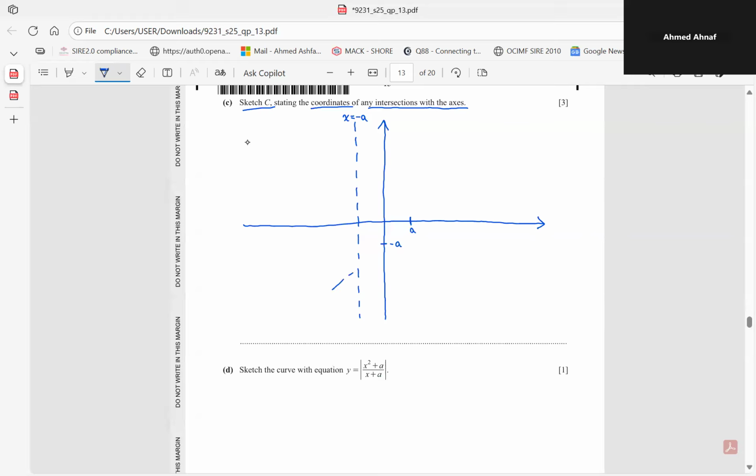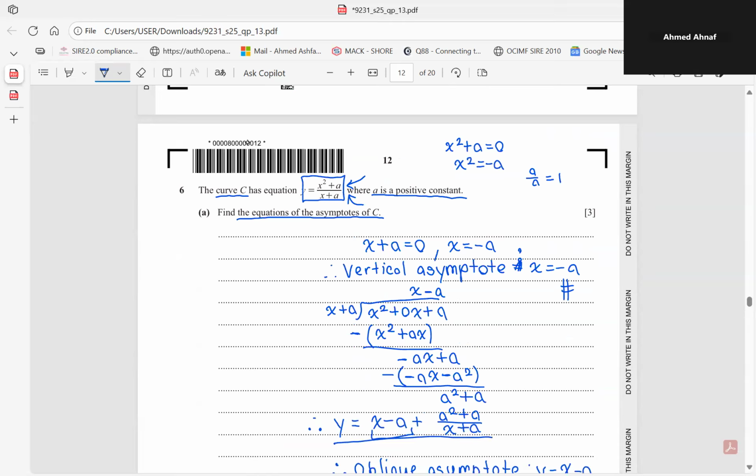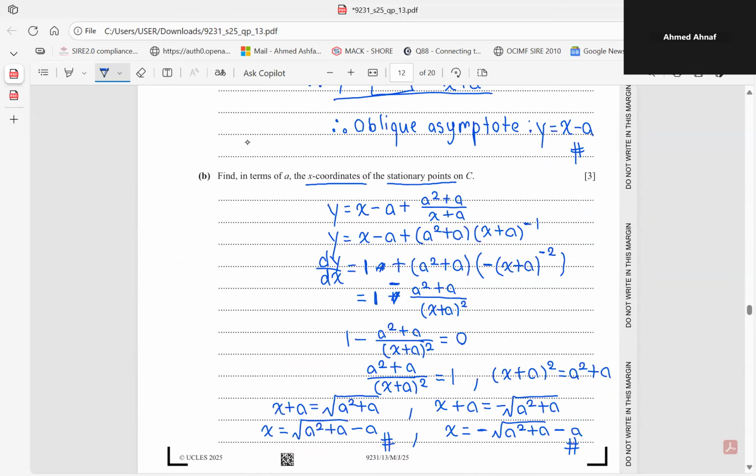You can write (0, 1). And then for x-intercepts, just equate y to 0. So you'll get (x + a)² + a equals 0, and you'll get (x + a)² equals minus a, which is impossible because minus a is negative, but a square can only be positive. So there are no x-intercepts here.